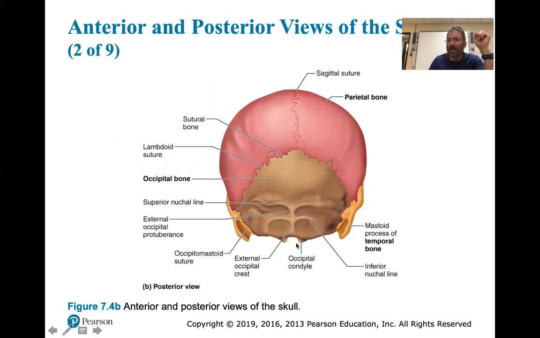There's your occipital condyle. This is how your skull is going to articulate with C1, the first cervical vertebra. External occipital crest. There are going to be attachments for a lot of these neck muscles, or the ligamentum nuchae. There are muscles that attach to keep your eyes on the horizon.